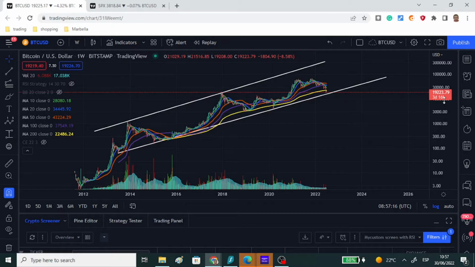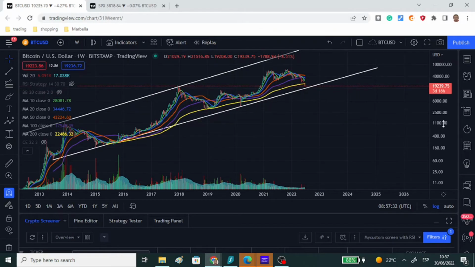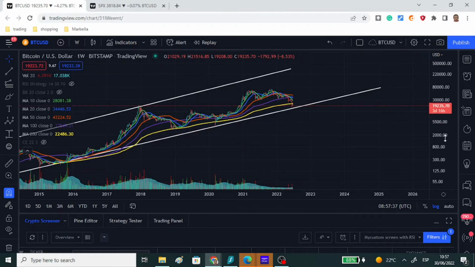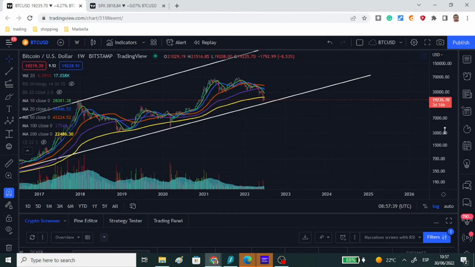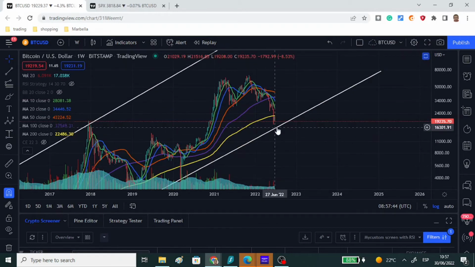Keep in mind that the last one was 2013, over 80% drop. End of 2017, over 80% drop. So it's a normal thing that happened. And every single drop, it bounced. So as we are really close to the strong support line here, I would say around 16, 15, around this area.